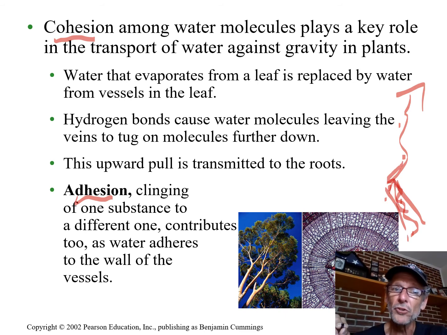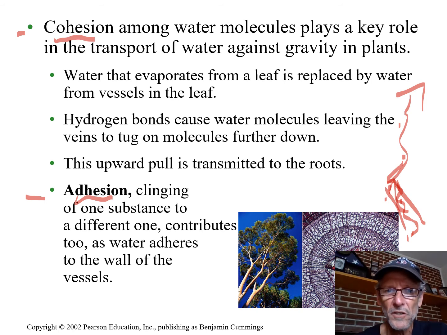There you have two different things, capillary action and transpirational pull, that both are due totally to adhesion and cohesion, which are due to hydrogen bonding, and that's due to polarity.